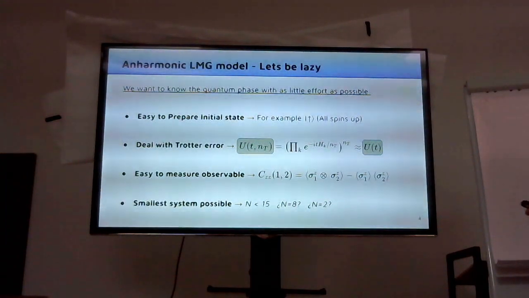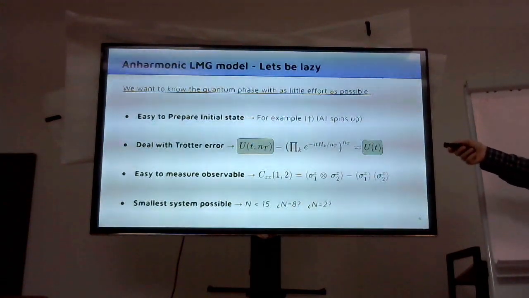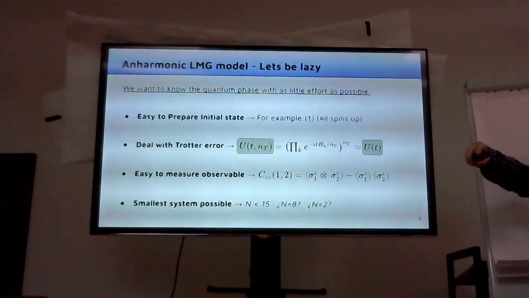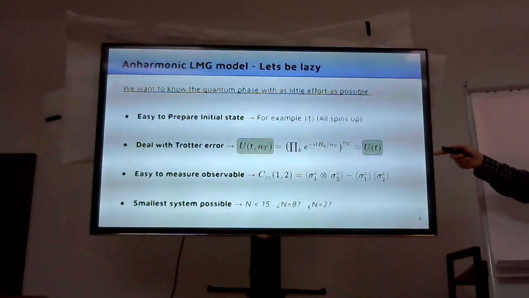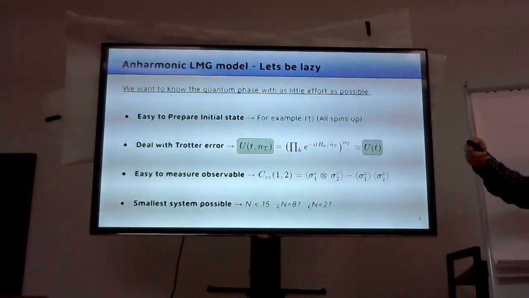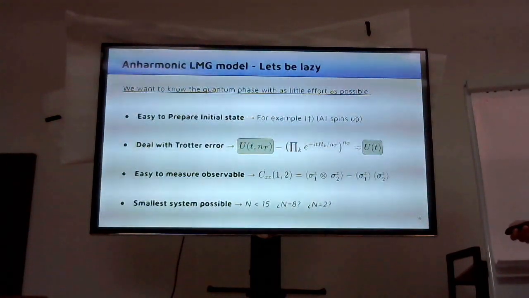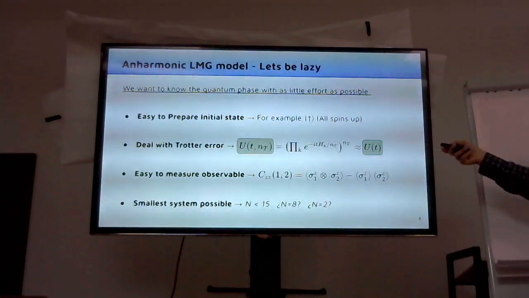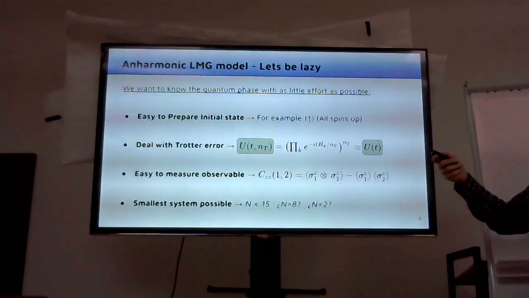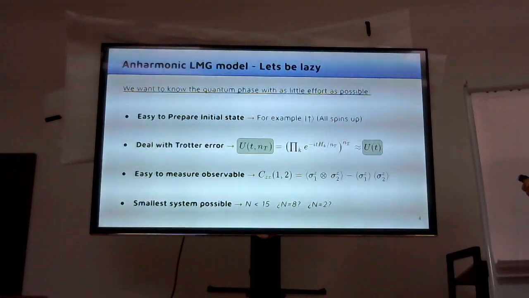No, in this case, no. But using the Trotter expansion, what will happen, I will show you later, is that the Trotter error actually helps you in classifying the quantum phase of the system. So I haven't tried something else because this is actually not only not a problem, but something that helps in this case.